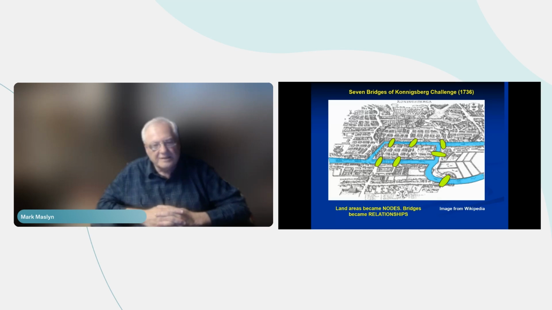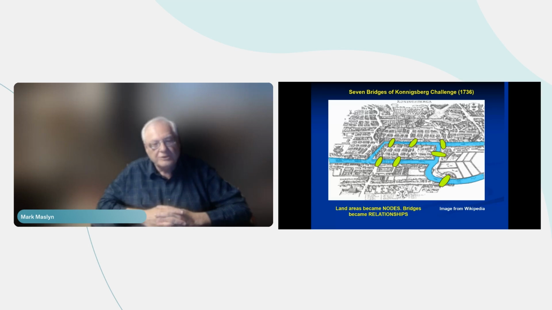And this challenge was, is it possible for a person to cross each of the 7 bridges and complete that, but at the same time not having to cross the same bridge twice? And Leonhard Euler invented graph theory, which, among other things, allowed the solution of this problem.